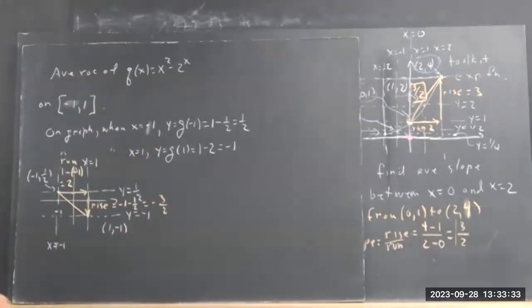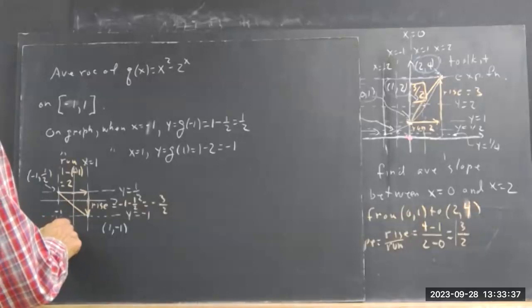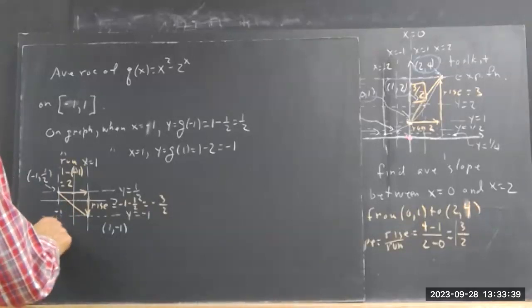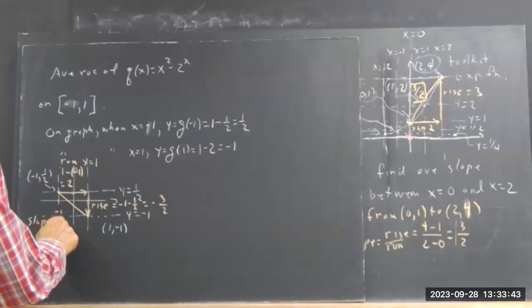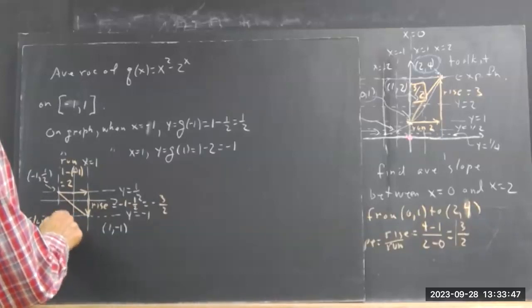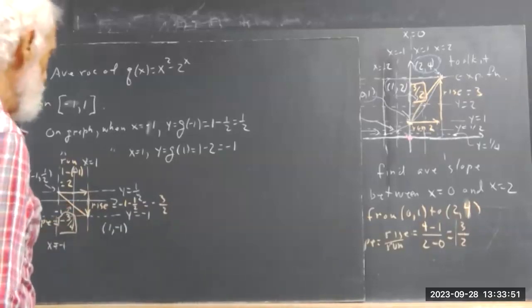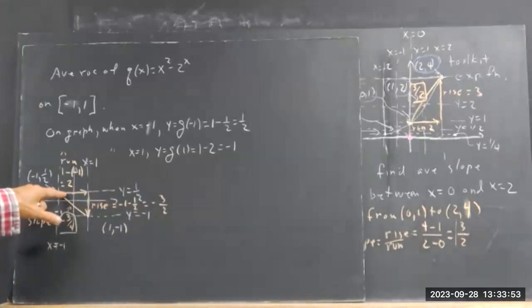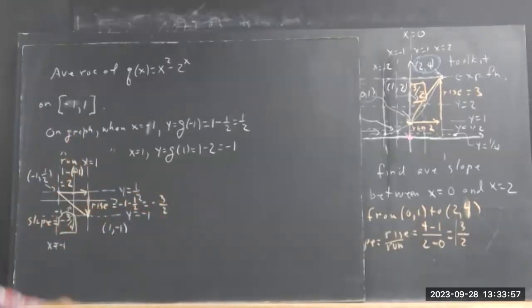Okay. So there it is. And the slope is then negative 3/4. We get that by dividing this by 2. You divide negative 3/2 by 2, you get negative 3/4. So make sure you can do that arithmetic.